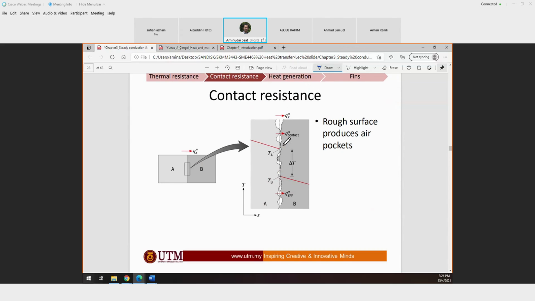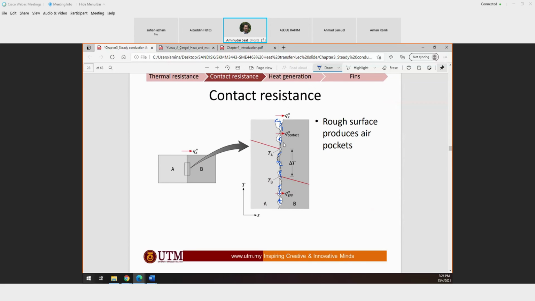If we study in terms of the micro scale, let's say you do a microscopic view of this particular metal A and B, when you go into the microstructure view, the cross section is not actually a straight line.